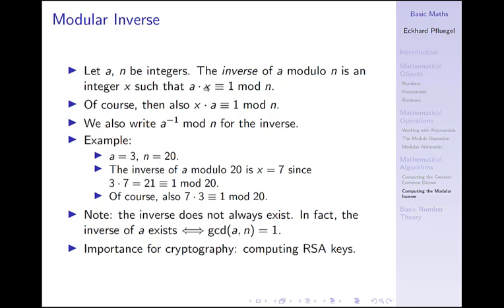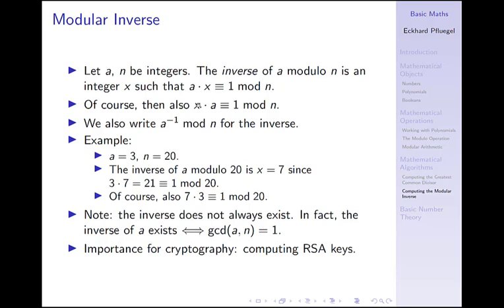So it is literally just mimicking this idea of having a fraction, effectively. And then also clearly, if x is the inverse of a mod n, then a will be the inverse of x mod n. And because we're thinking of fractions, and 1/2 is nothing else than 2 to the power minus 1 by definition, we also use that notation here in the world of integer modular arithmetic.